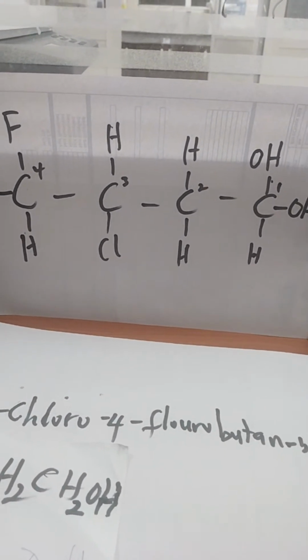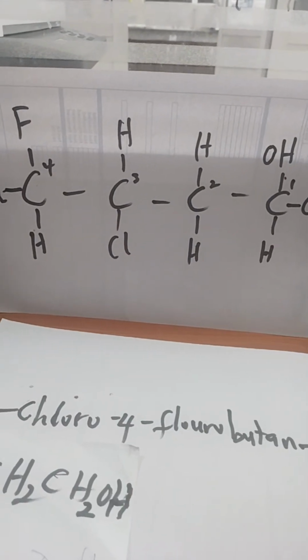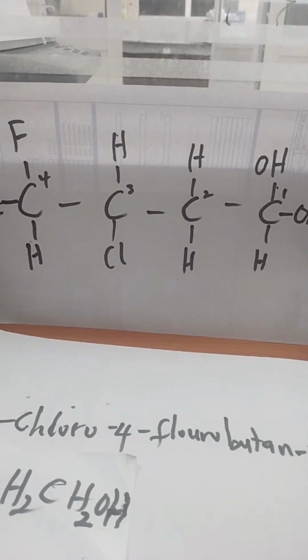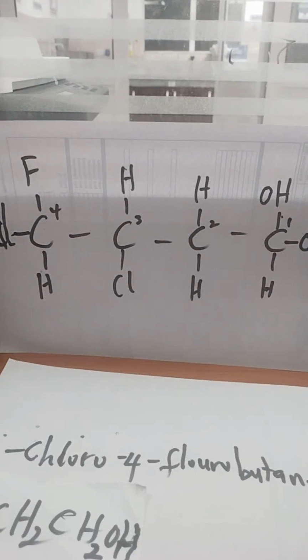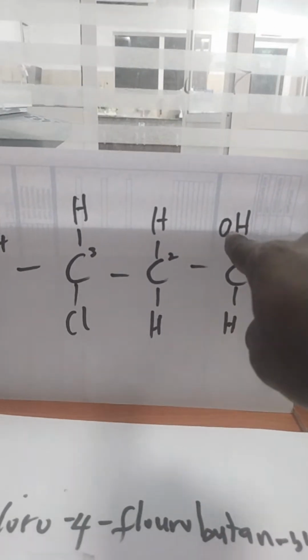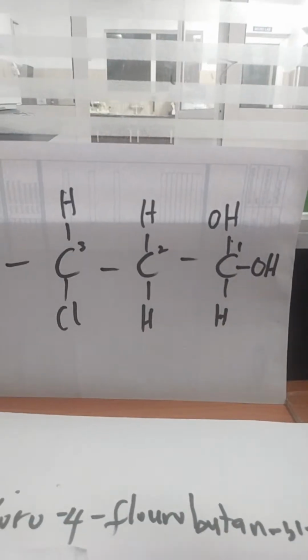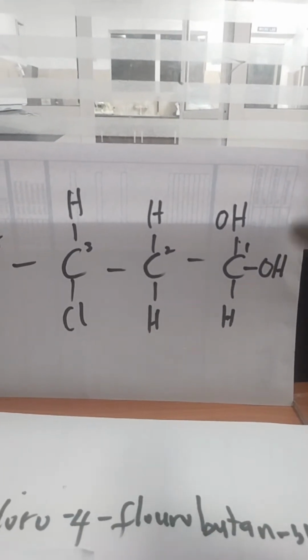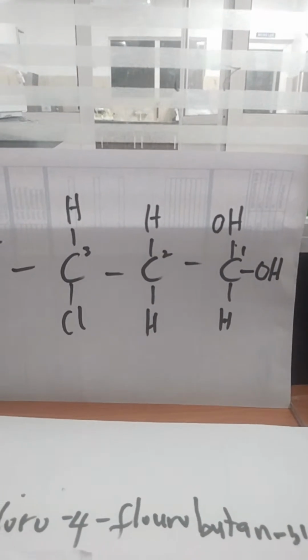But do not forget, in cases where you are having attachments, the OH acting as a substituent. In a system where you're having a compound where OH is acting as an attachment, the alcoholic functional group will now be named hydroxyl.